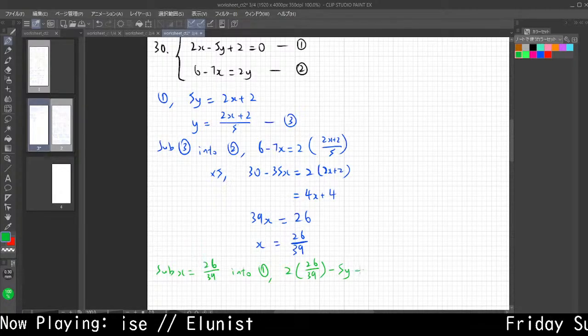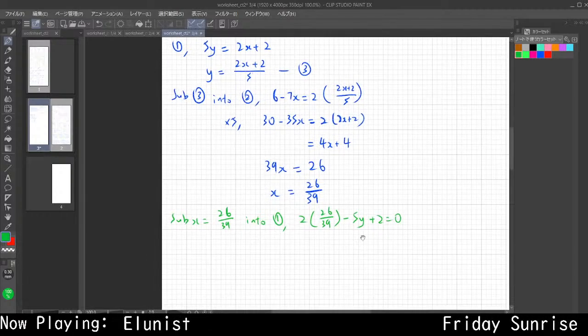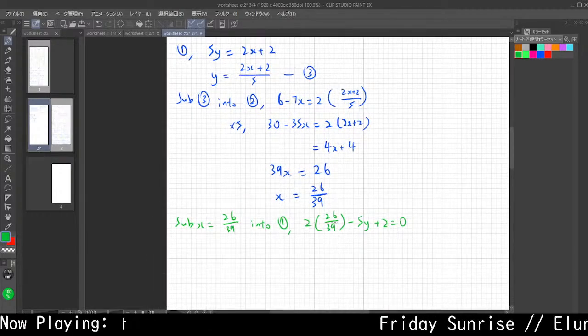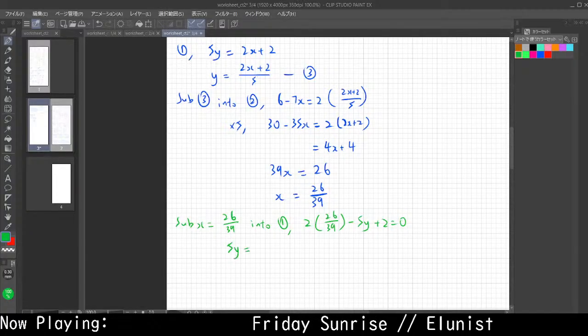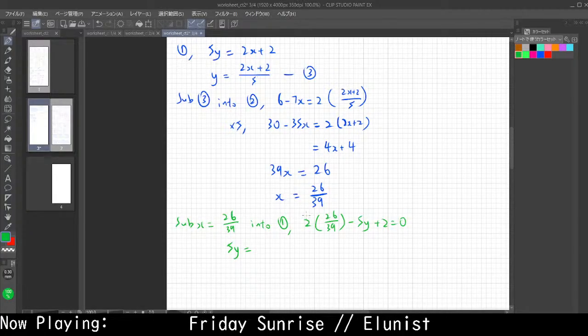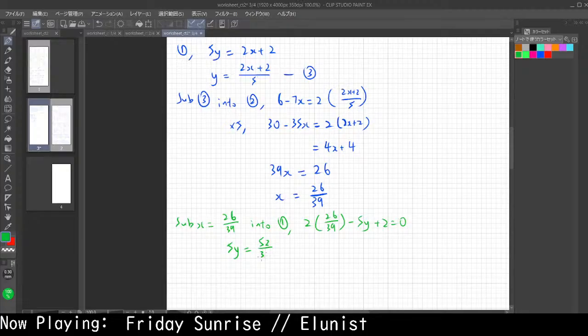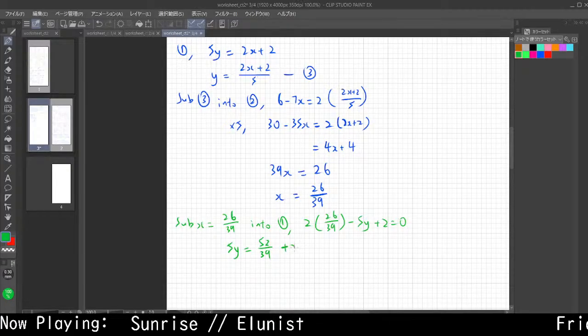Minus 5y plus 2 equals to 0. So you multiply on top, then you just bring over 5y, 2 multiply on top, so 52 over 39 plus 2.